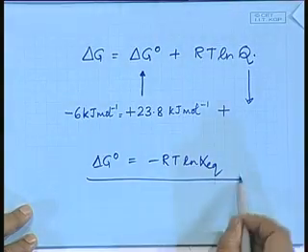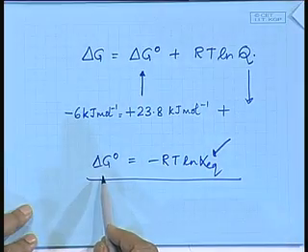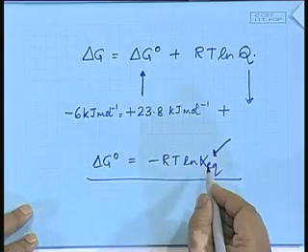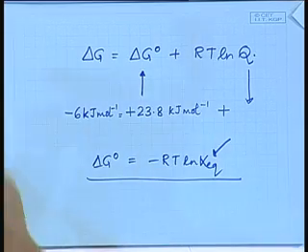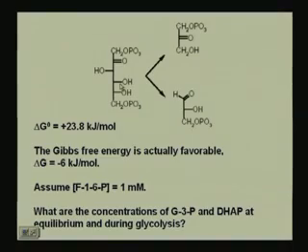Okay. So, I can get this because I know what my delta G0 is. I can also get the ratio of the products to the reactants based on considering a 1 millimolar concentration of fructose 1,6-bisphosphate, and I can also find the same ratio during glycolysis where my reaction is actually favorable.